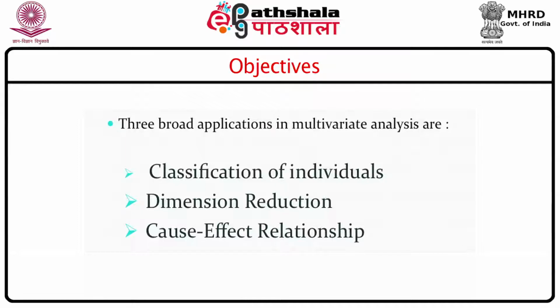The third is referred to as the cause-effect relationship. This is, in the univariate case, what we do for regression analysis and analysis of variance. Now, in analysis of variance and the usual regression analysis, we are primarily concerned with one single response variable. But very often we may have more than one single response variable.